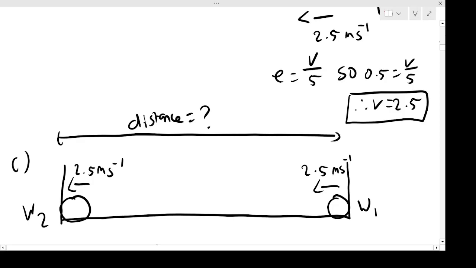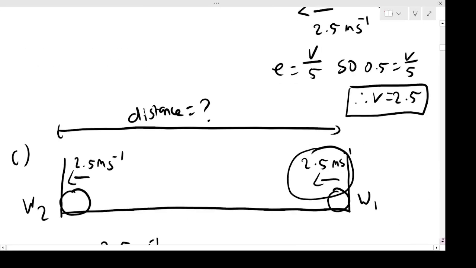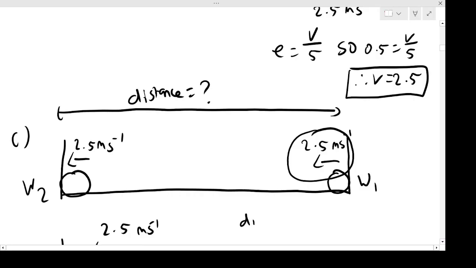Well, actually, we know the speed between the 2 walls is 2.5. And actually, we also know the time. It takes 56 seconds to travel between the 2 walls. So, in this case, distance is going to be speed of 2.5 times the time of 56. So we can work out the distance here to be 140. Okay, so 140 here.